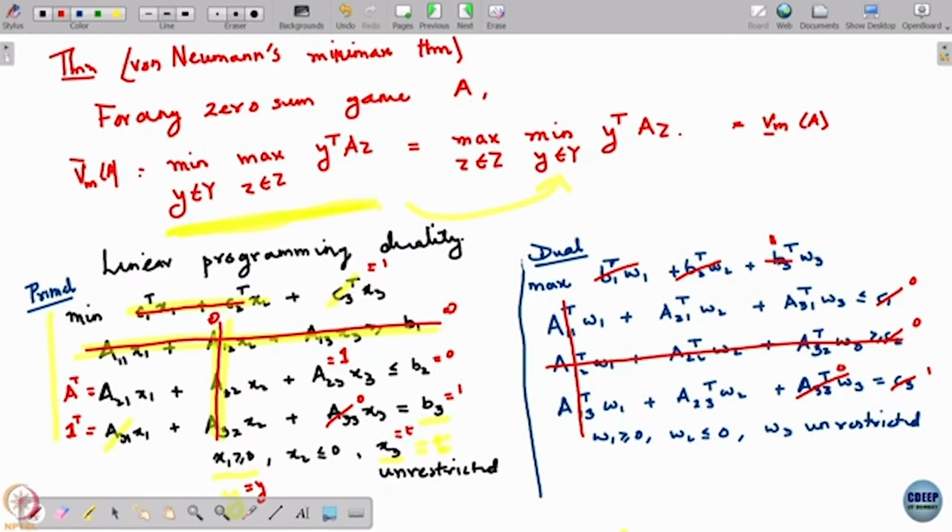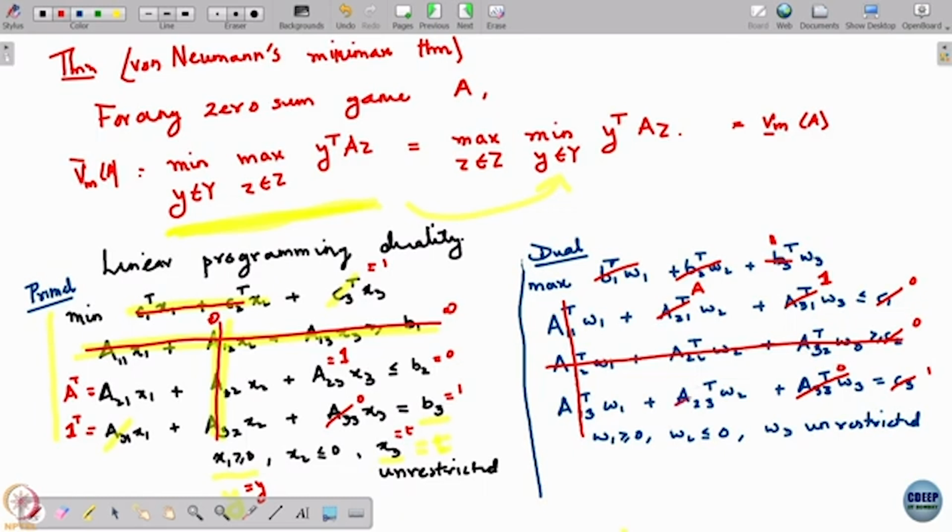Let's populate the things that remain now. A21 is A transpose. So A21 transpose therefore is just A. So this is just A times W2. A31 was 1 transpose. So A31 transpose is now 1. A23 was a vector 1.